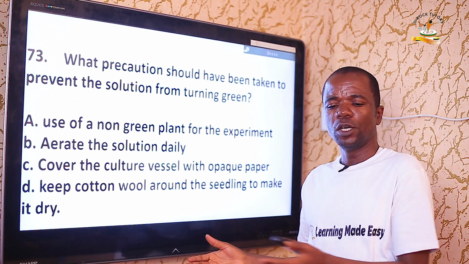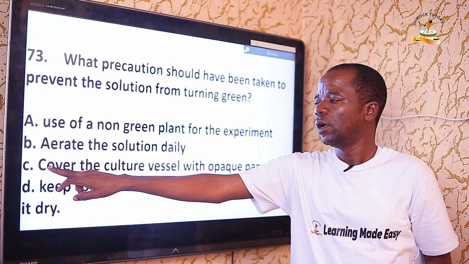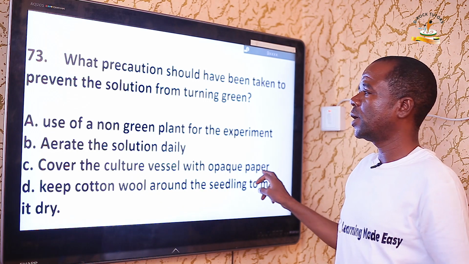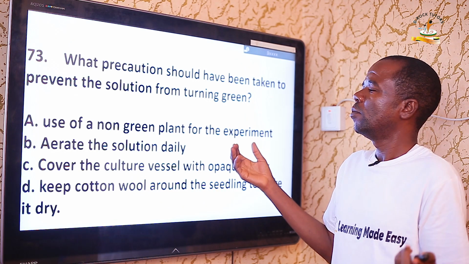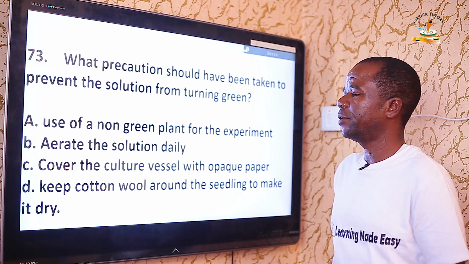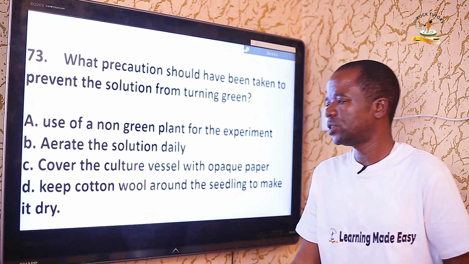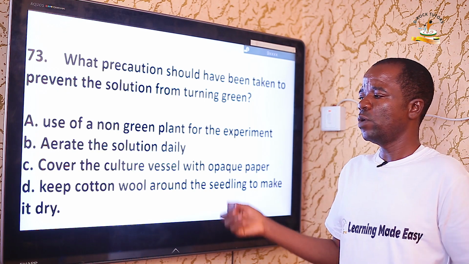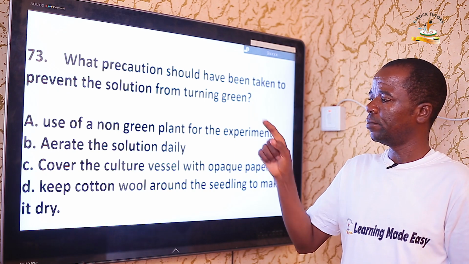They need light to be able to grow. So if the precaution had been taken to cover the culture vessel with an opaque paper, that particular solution would have been prevented from turning green. So the correct answer here is option C. Cover the culture vessel with opaque paper. That will have prevented the growth of algae. The correct option is C.